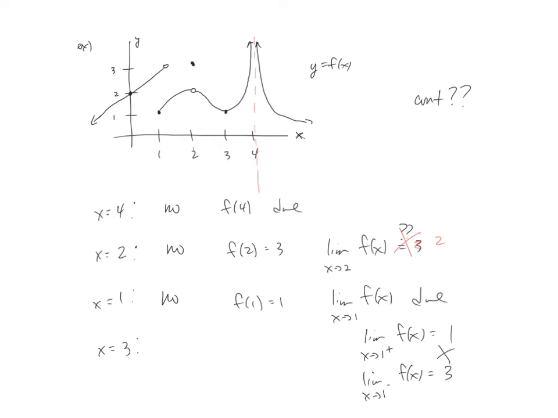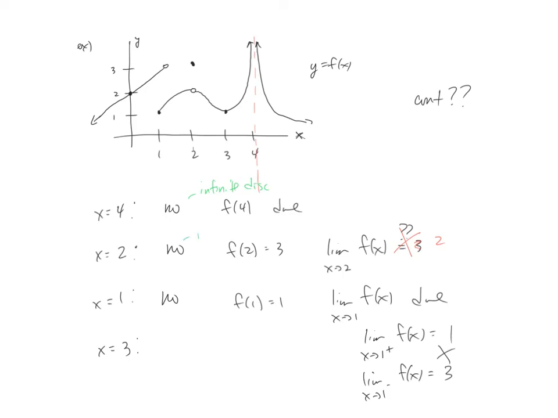Not only being able to answer the question is important, but many times I'll ask, well, why? And you'll have to give me an explanation similar to what I've done here using that definition. Now, a couple things worth pointing out. These three are discontinuous at those points. This guy right here is called an infinite discontinuity.